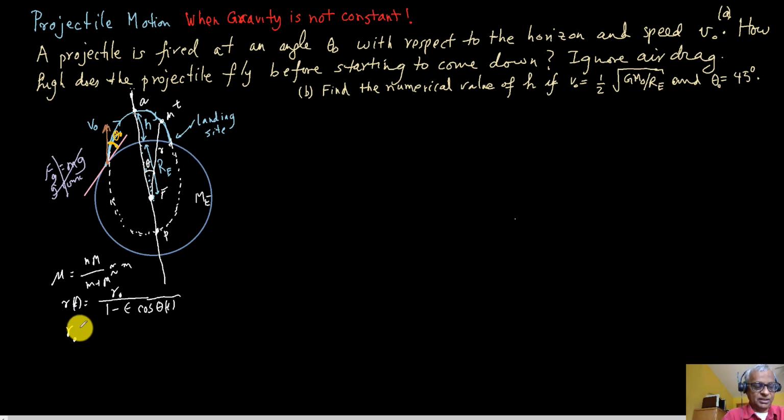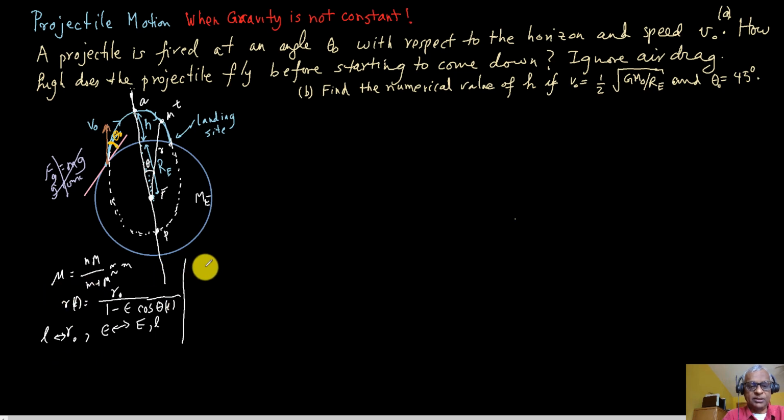We've gone over r0 and epsilon a couple of times now. R0 can be related to angular momentum, and epsilon will be related to energy and angular momentum, and you can look up the formulas.